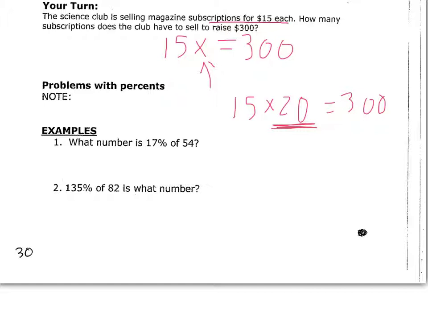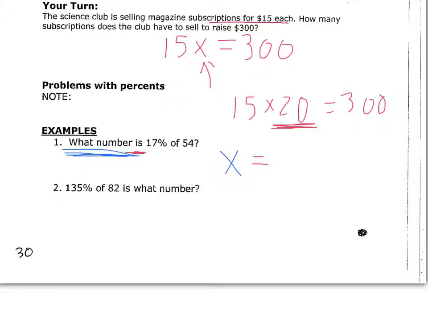So this is just translating a few more. This time let's look at our keywords. It says what number, meaning a variable, x, is, meaning equals, 17%. We have 17%, and we're going to write our percents as decimals.